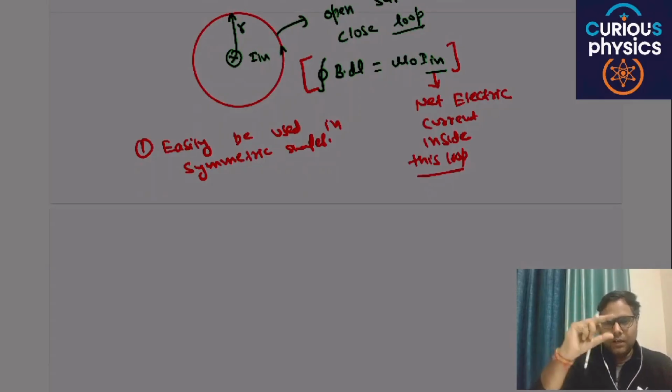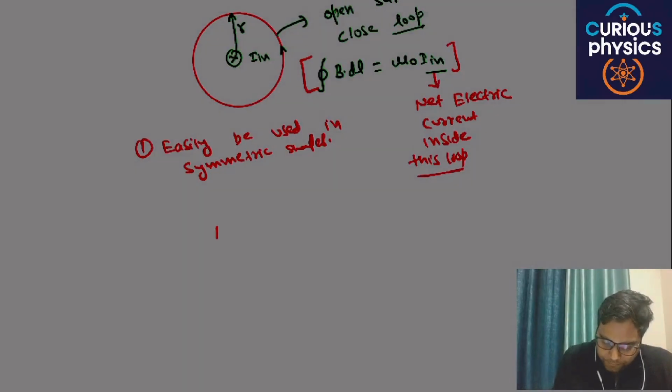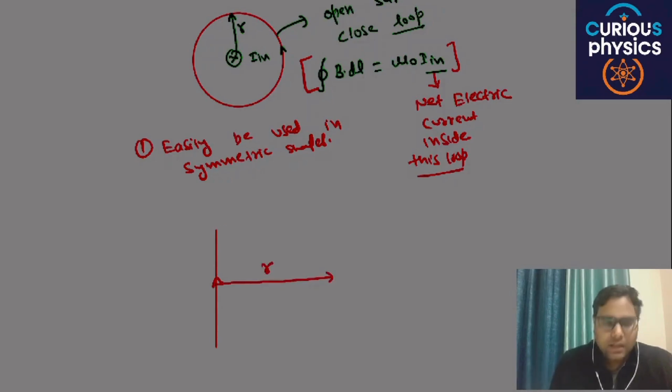If I rotate this situation, let's say this is a straight wire, and you have to find the value of magnetic field at distance r. Are you able to get my point or not? And the direction of current is this.